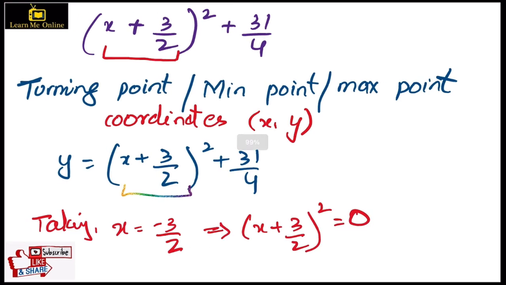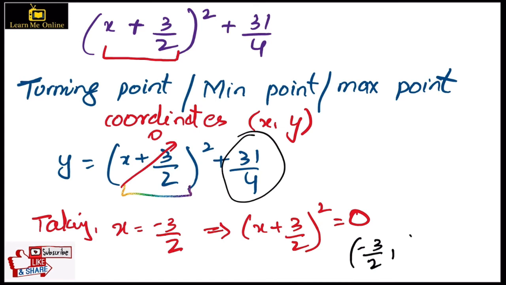So because this whole thing equals 0 with x being minus 3 over 2, the y value would be 31 over 4. Which means that the turning point coordinates would be (minus 3 over 2, 31 over 4). So these are your turning point coordinates.